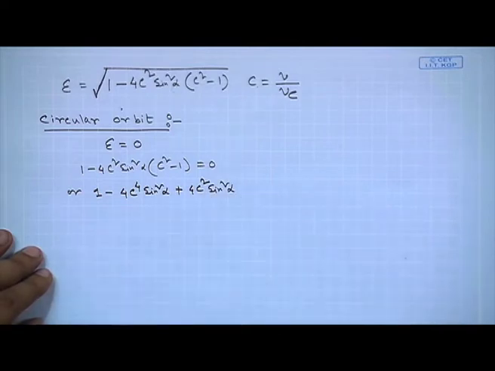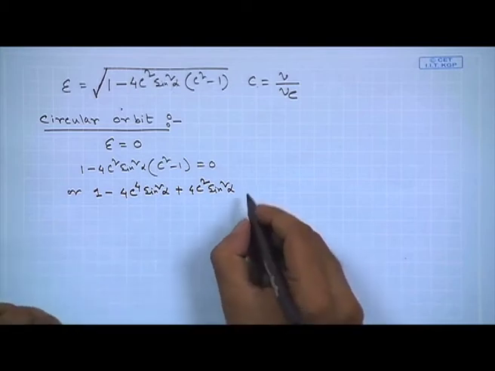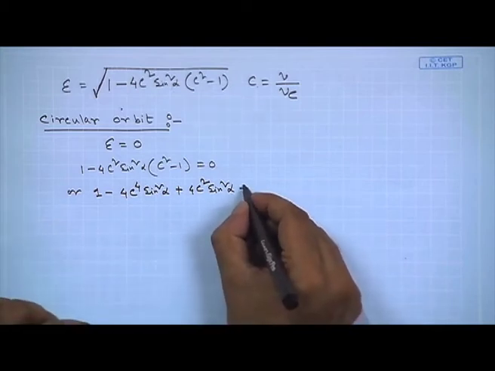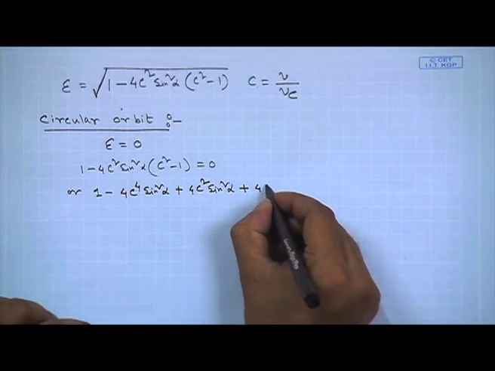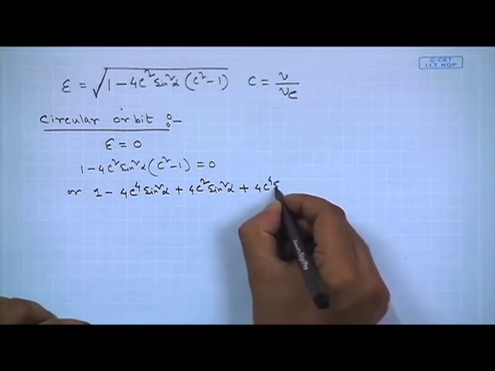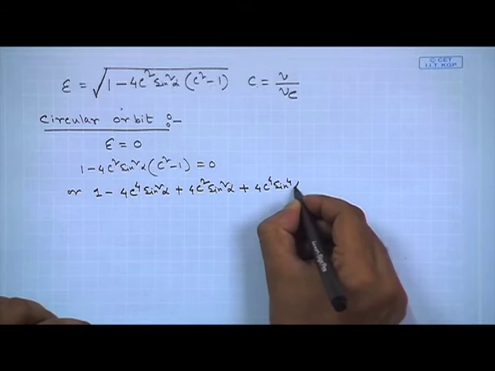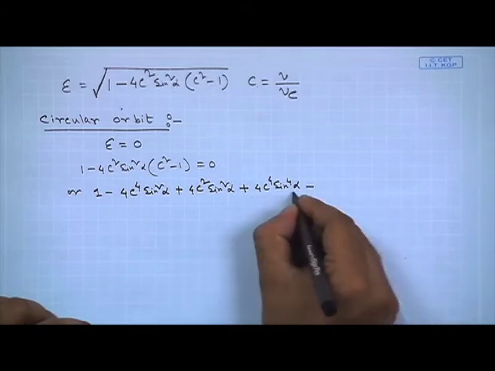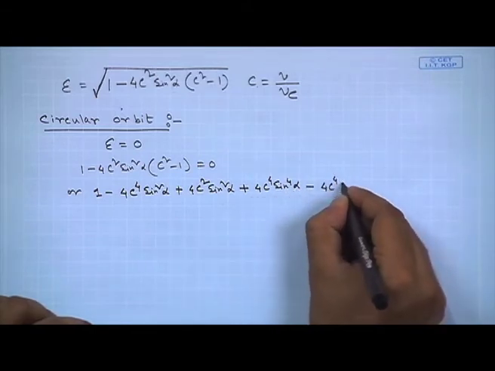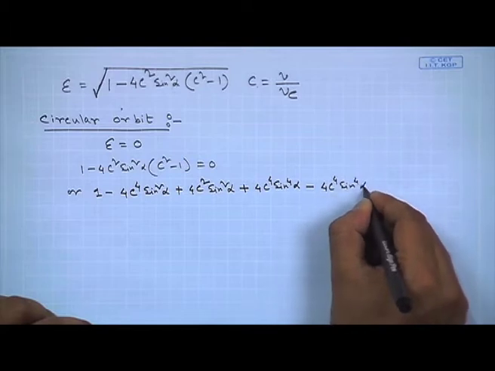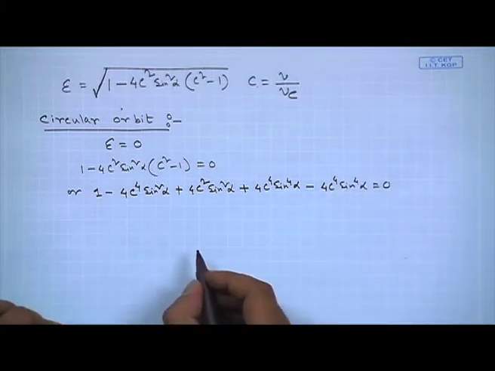We can put this equal to 0 here, but we are not doing that. What we are going to do is add 4 c to the power 4 sin to the power 4 alpha, and again subtract the same quantity. So it is just a mathematical manipulation to bring it to a particular shape.